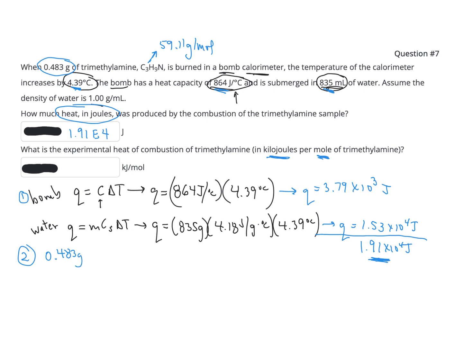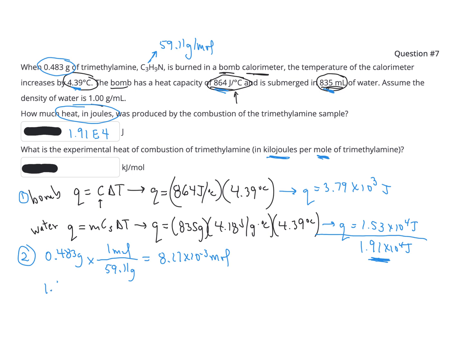We've got 0.483 grams of trimethylamine, and we know 59.11 grams for every 1 mole of trimethylamine. That gives us about 8.17 times 10 to the minus 3 moles of trimethylamine. Now we want to find kilojoules per mole.